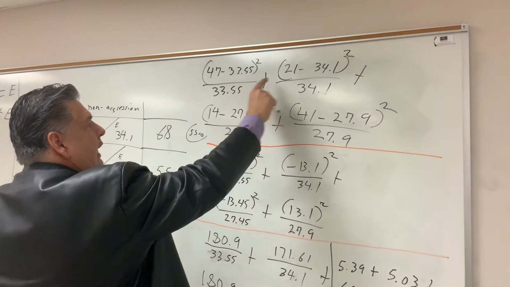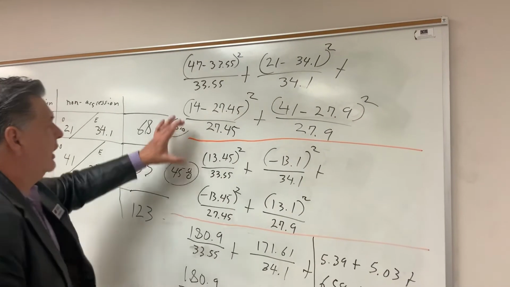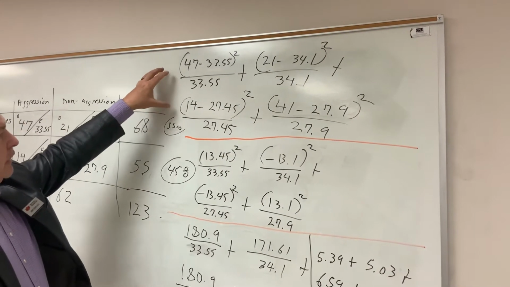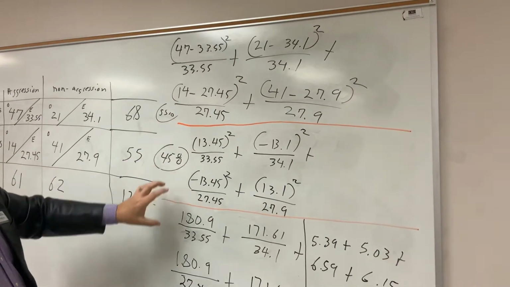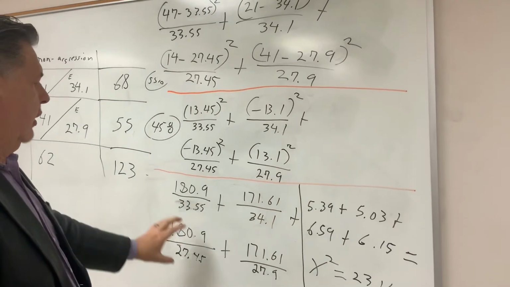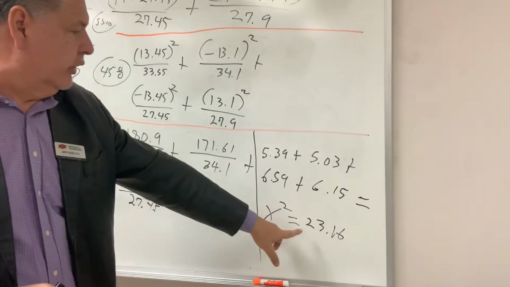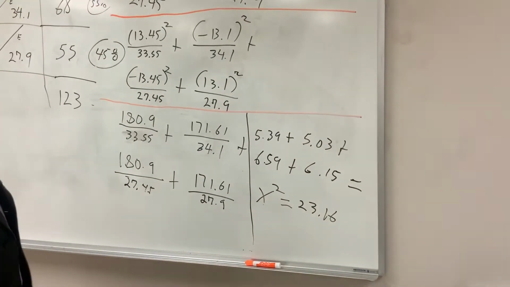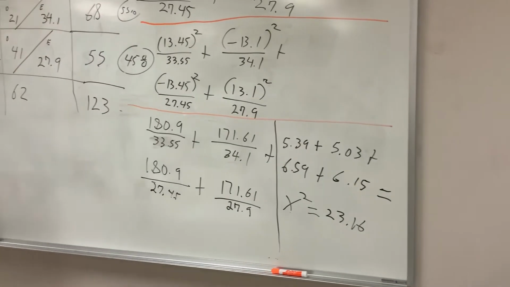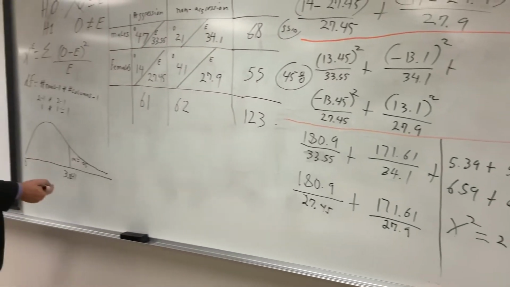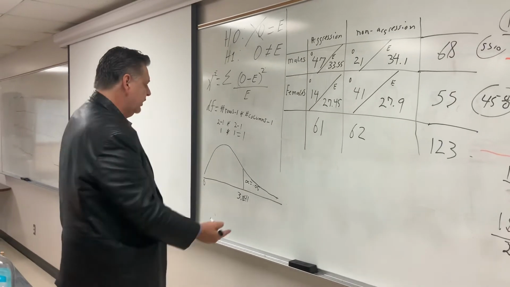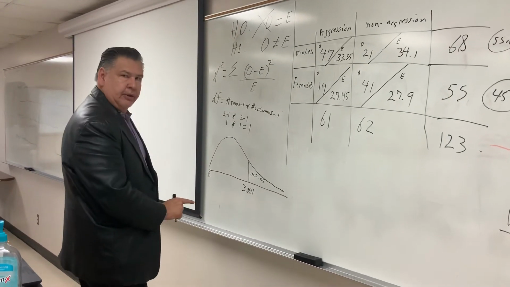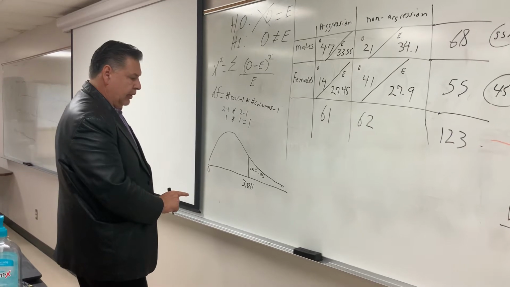As I've done the math in steps, you can do this along with me if you'd like, and I came all the way over here to a chi-square value of 23.16. So when I plug that in, 23.16, is that a greater number than 3.841?